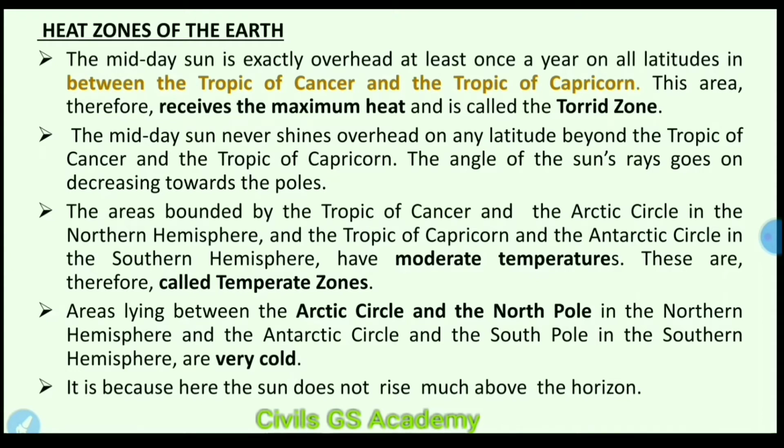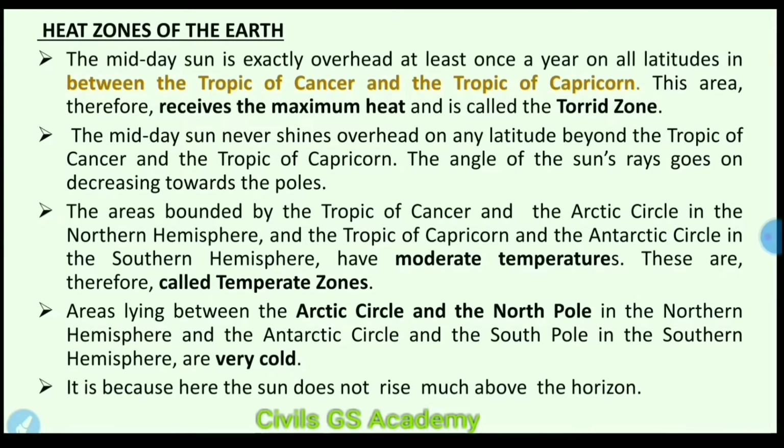Now the midday sun never shines overhead on any latitude beyond the Tropic of Cancer and the Tropic of Capricorn. The angle of sun's rays goes on decreasing towards the pole. So as the angle of sun goes on decreasing towards the pole, the intensity of sunlight starts decreasing towards the pole.